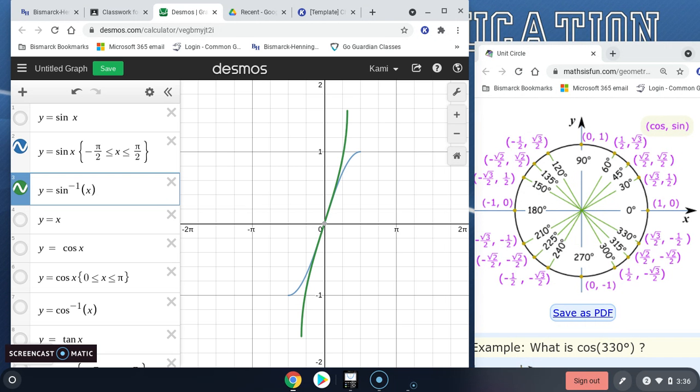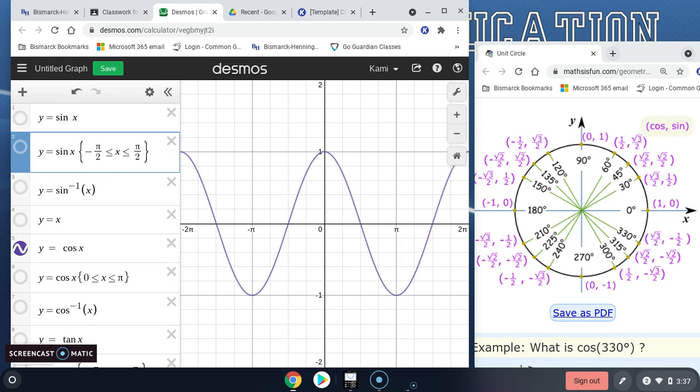I'll take that one out of the way. So if you reflect the blue one, you get the green one. This green one is the inverse sine function. You'll also see it written as arc sine, and it means the same thing.